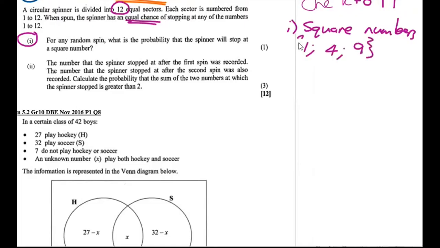Those are all our possible perfect square numbers. And we have established that each section has an equal probability of landing on there. So our total probability of 1 is divided by 12. And because 3 events are of interest to us, it is 3 over 12.